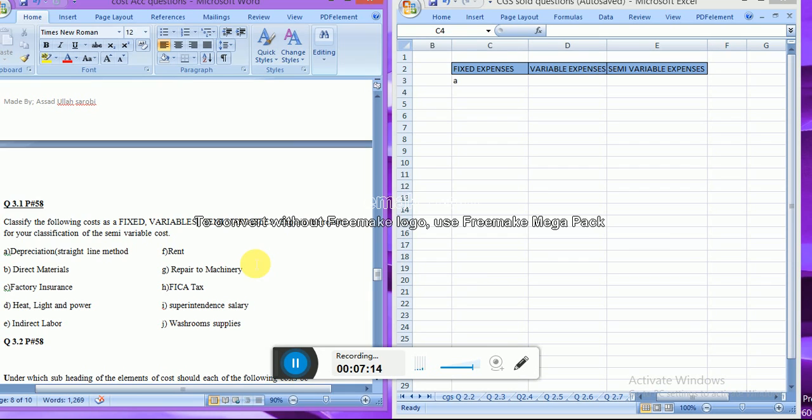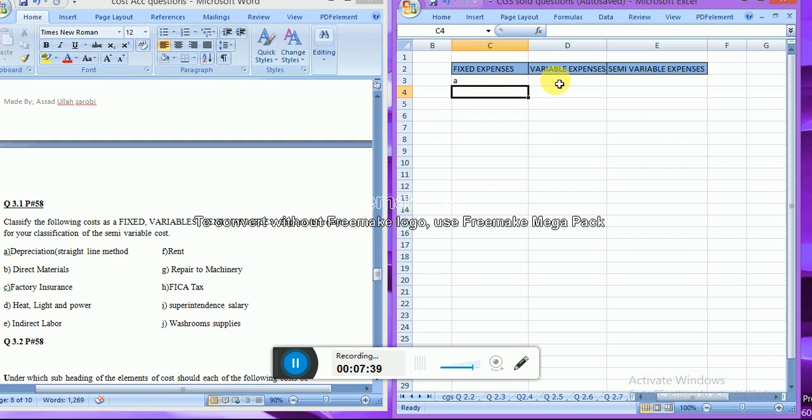It varies with the amount of production. If production is increasing, direct material cost is also increasing, and if production is decreasing, direct material cost is decreasing. That's why part B is variable cost.